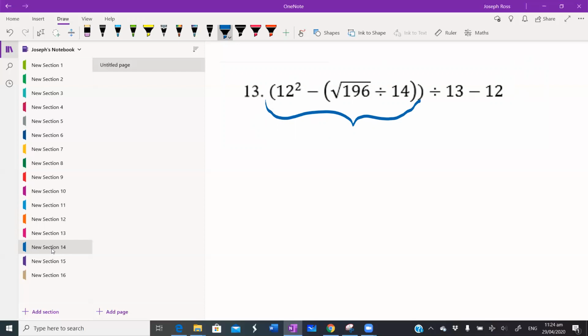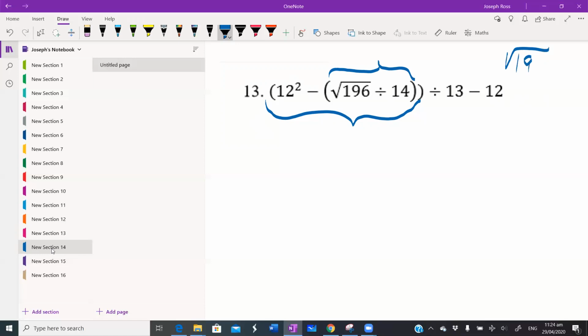So we need to do what's on the inside set of brackets first. So first thing to do is we need to work out the square root of 196. The square root is that funny tick looking symbol, and that counts as an exponent.